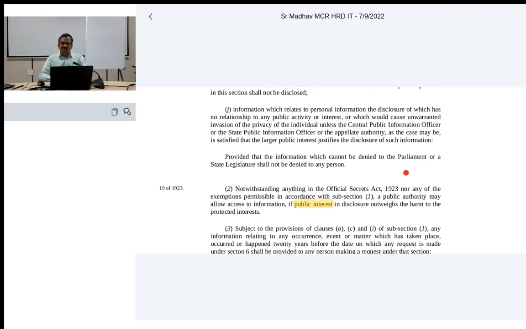There are some countries where a public interest test is prescribed, but no country except Australia tried to define or explain this concept. Even in Britain, during the discussion on the Freedom of Information Act, some MPs raised this question about the definition of public interest, but at that point it was felt that it could not be defined because it depends on the facts and timing of the case.